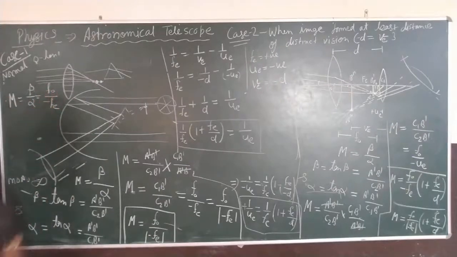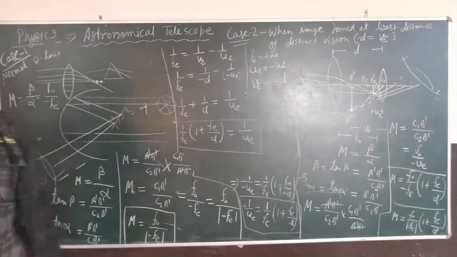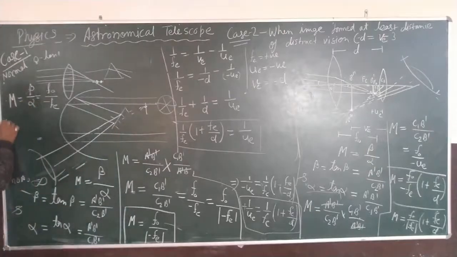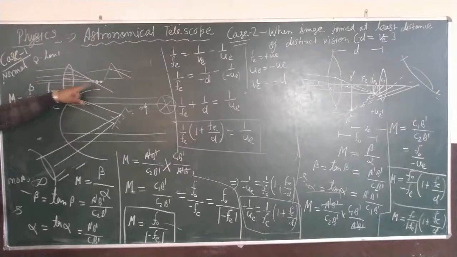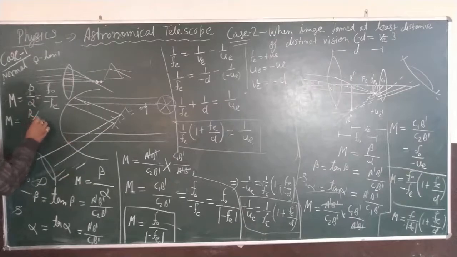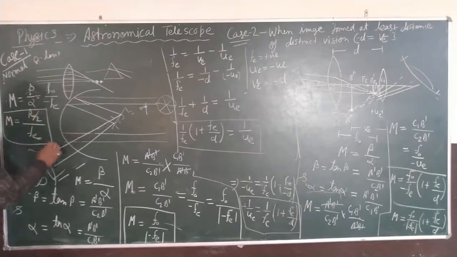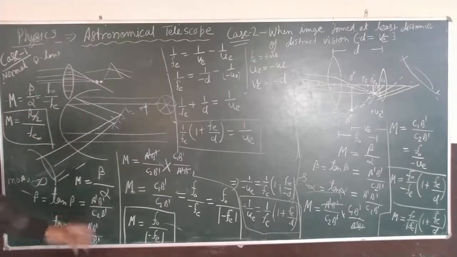Here f0 is the focal length of the objective, and we can write m equal to f0, which for the curvature of this spherical mirror is R by 2 of the objective, divided by fe. This is the magnifying power of a Cassegrain telescope.